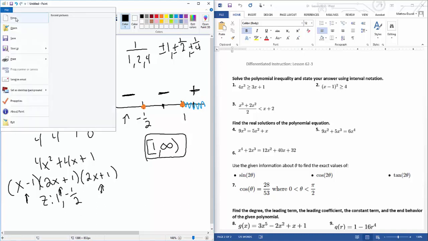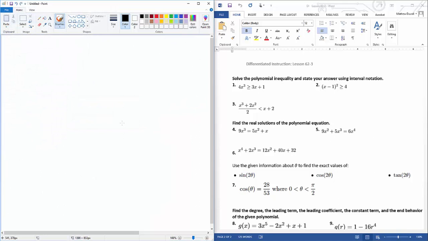Now I'm going to briefly talk about number 3. It says x cubed plus 2x squared all over 2 is less than x plus 2. To get that 2 out of the denominator, multiply everything by 2.